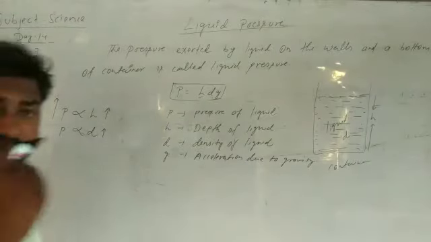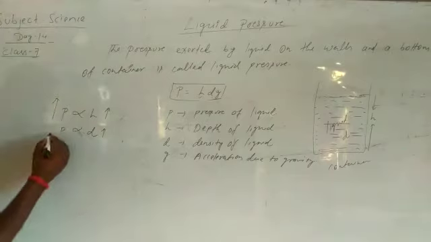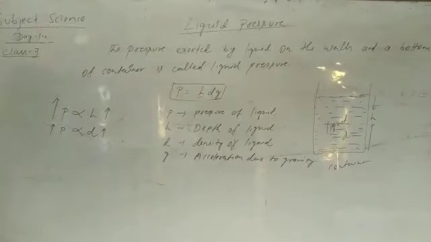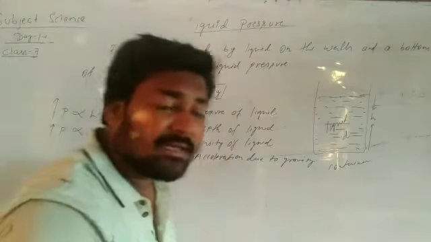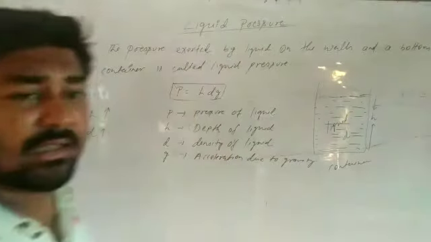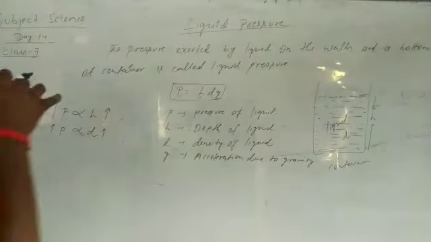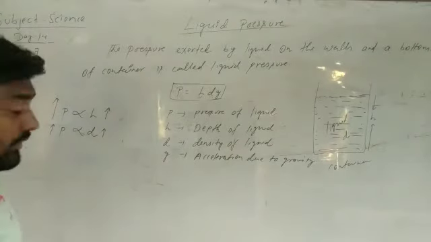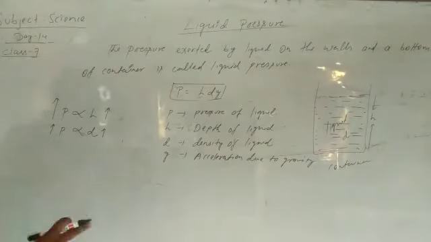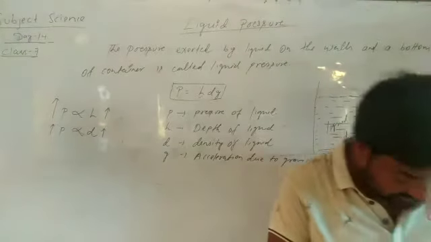If the density of the liquid is more, then the pressure will also be more. If there is more depth, the pressure is more. In this way we can know that.